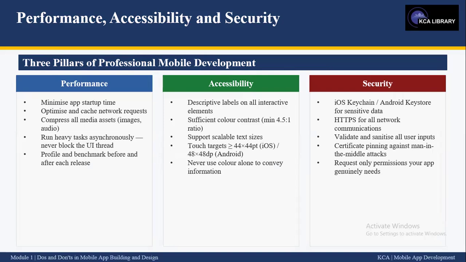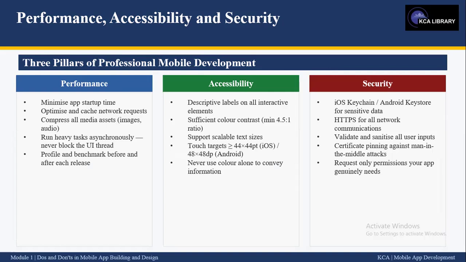Performance, accessibility, and security. These are the 3 pillars of professional mobile development. Number 1, performance; number 2, accessibility; and number 3 is security. Professional mobile applications are built on these 3 key pillars. Performance involves minimizing startup time, optimizing network requests, compressing media assets, and ensuring that heavy operations do not block the user interface.